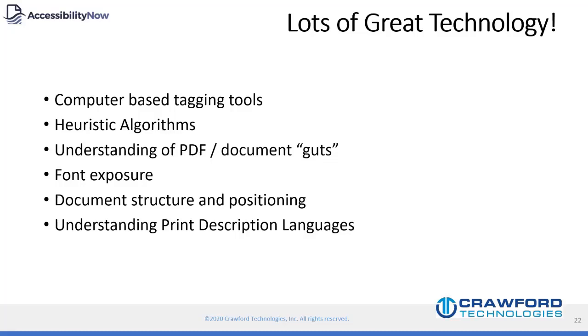Understanding, once again, the PDFs, the documents, the type of information that is being dealt with, whether it's static or transactional data, or maybe a little bit of both. Finding out what the document structures and positioning are. All these things are very important, and there are tons of tools out there to provide this functionality that is needed.